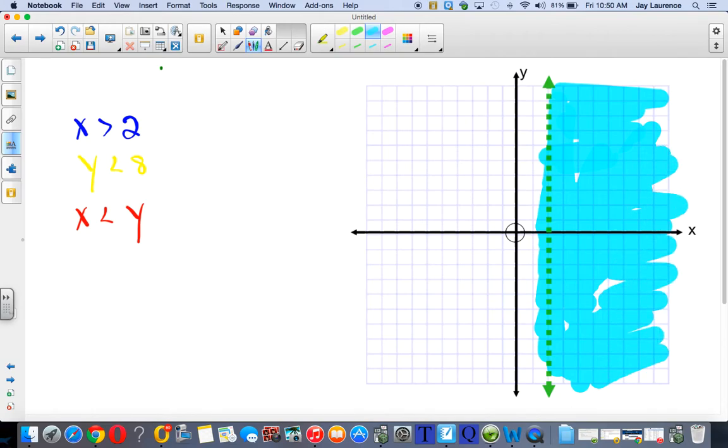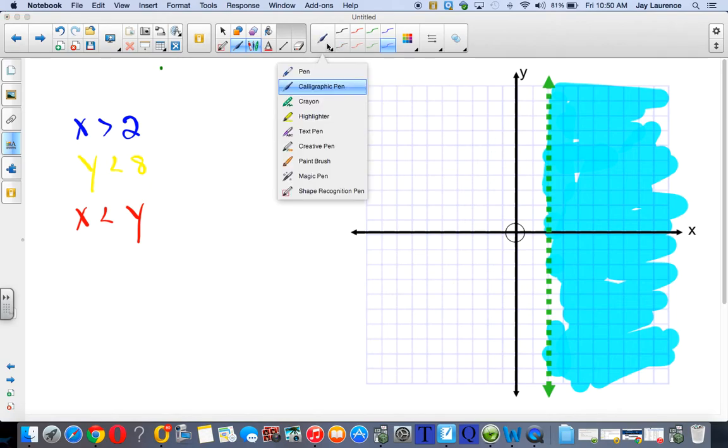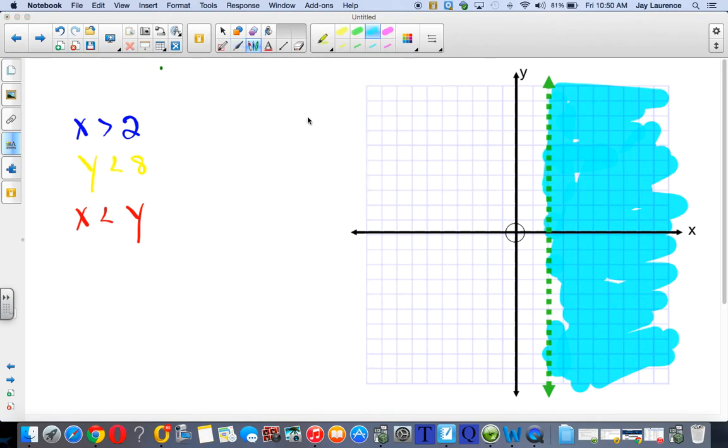I apologize for my lack of precision. All right, let me see if I can clean that up a little bit. There we go. Oops, I went too far. Okay, that's pretty good. All right, now I need that yellow one.